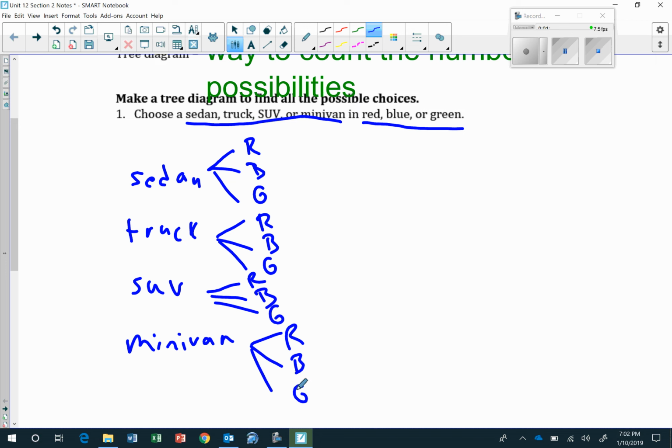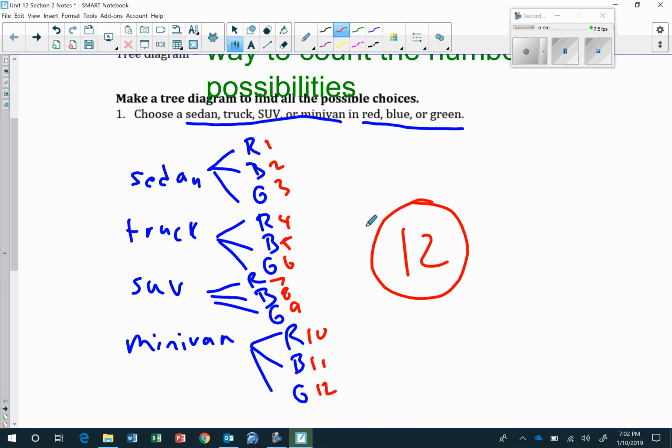So my number of possibilities are however many I have over here on the far right. So here's 1, 2, 3, 4, 5, 6, 7, 8, 9, 10, 11, 12. So I have 12 possibilities from my 4 types of automobiles and the 3 colors that it could come in.